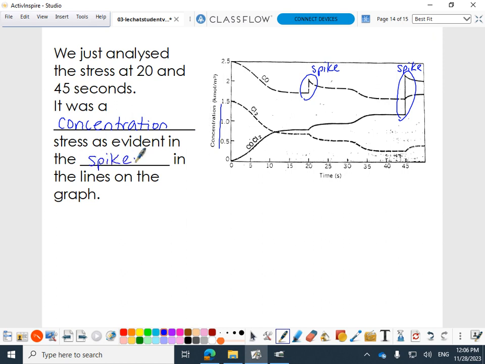When you have a spike, it's going to be a concentration change. Could be increased or decreased. These both happen to be increased. The worksheet has one where the concentration is decreased, but you should be able to really see what's going on.